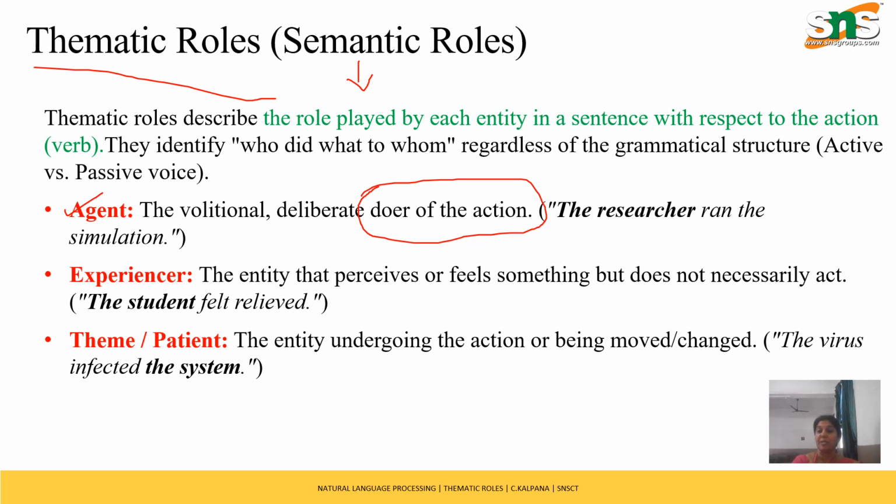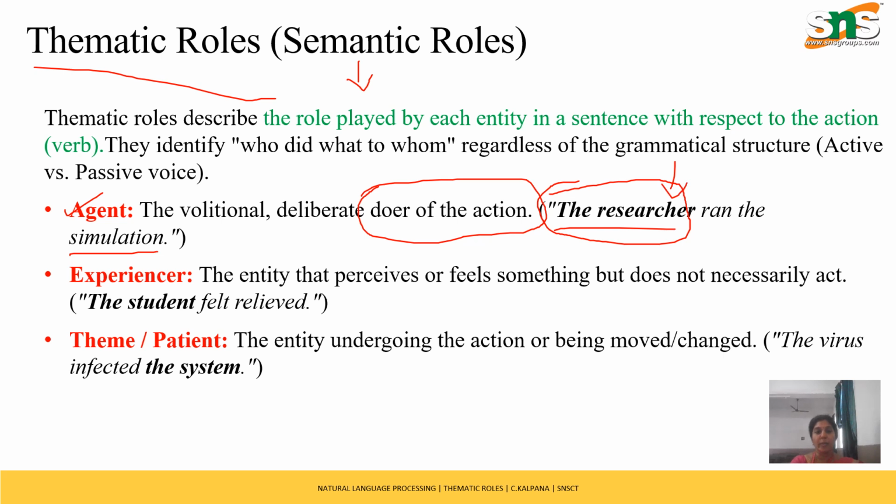That is called the agent. For example: the researcher ran the simulation. Here the agent is the researcher. The entire sentence depends upon the researcher, who is doing some action.